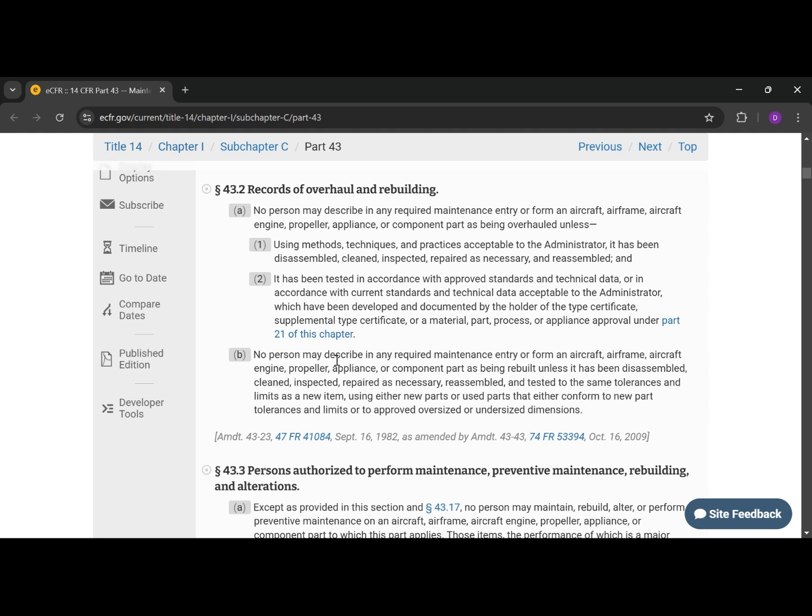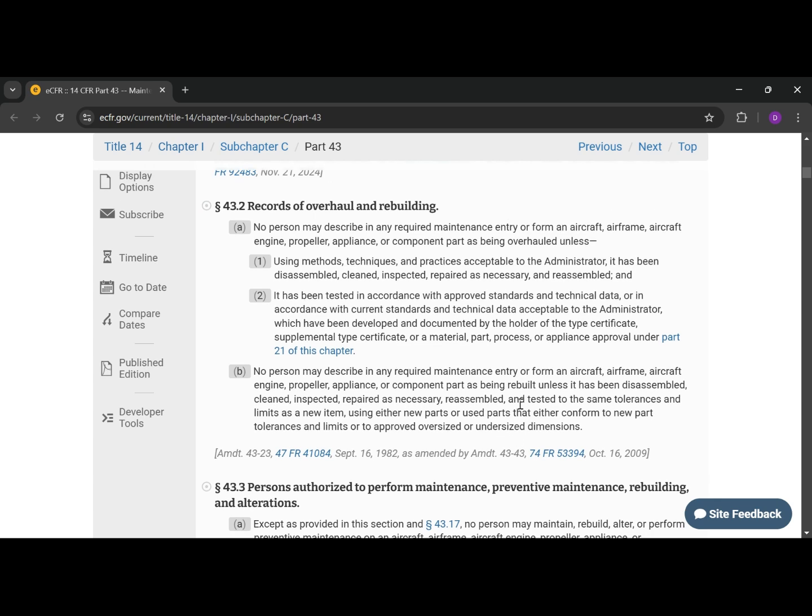No person may describe in any required maintenance entry or form an aircraft, airframe, aircraft engine, propeller, appliance, or component part as being rebuilt unless it has been disassembled, cleaned, inspected, repaired as necessary, reassembled, and tested to the same tolerances and limits as a new item using either new parts or used parts that either conform to new part tolerances and limits or to approved oversized or undersized dimensions.